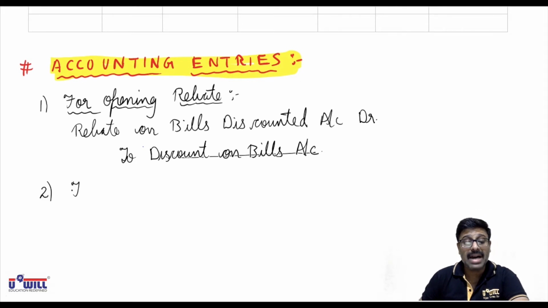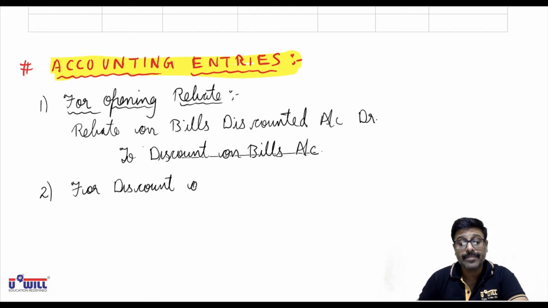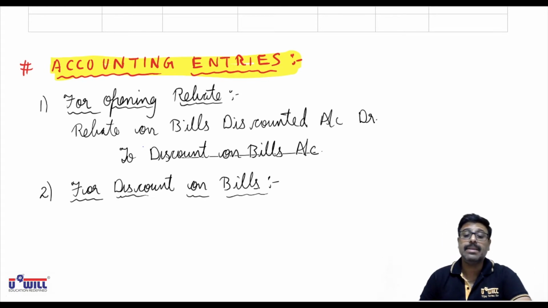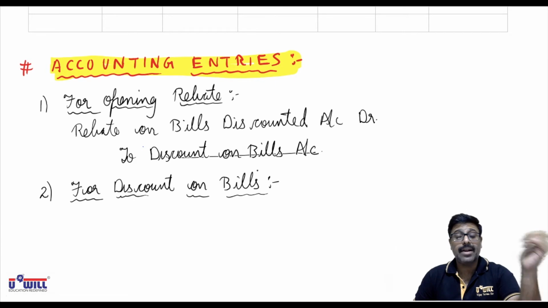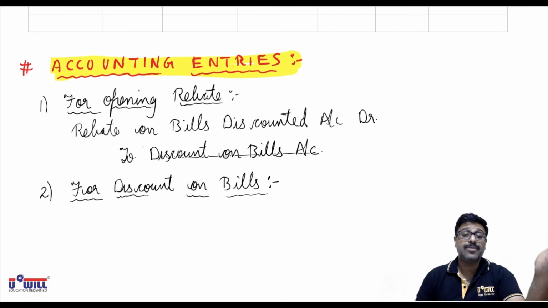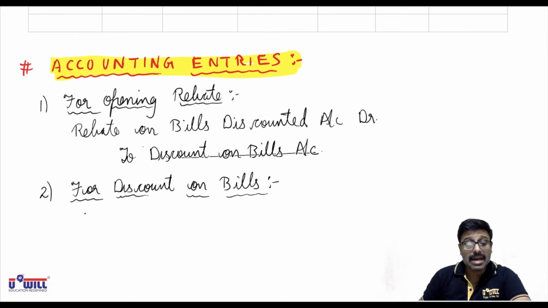Second entry we will pass is for discounting of bills, or for discount on bills income of current year. For whatever bills are discounted in the current year, as we discussed in the beginning, the trader passes the entry bank account debit, discount account debit to bills receivable account. And what entry would the bank pass for the same? Bills discounted account debit, because bills discounted are to be collected from the customers.